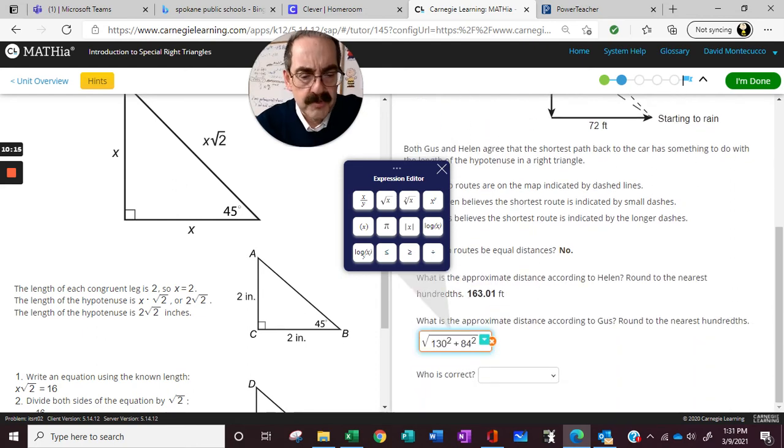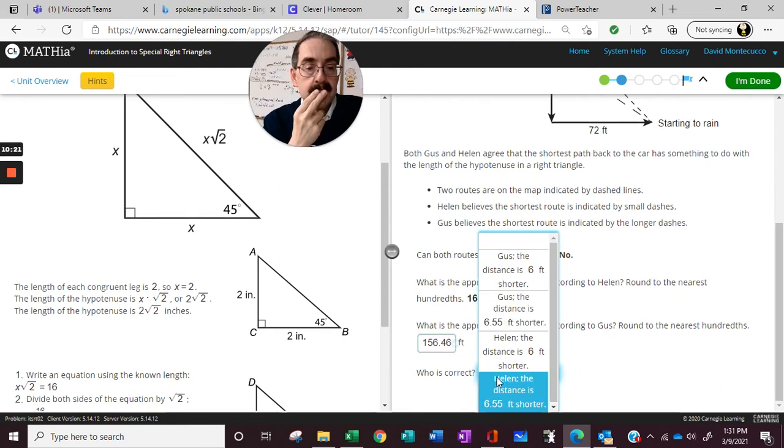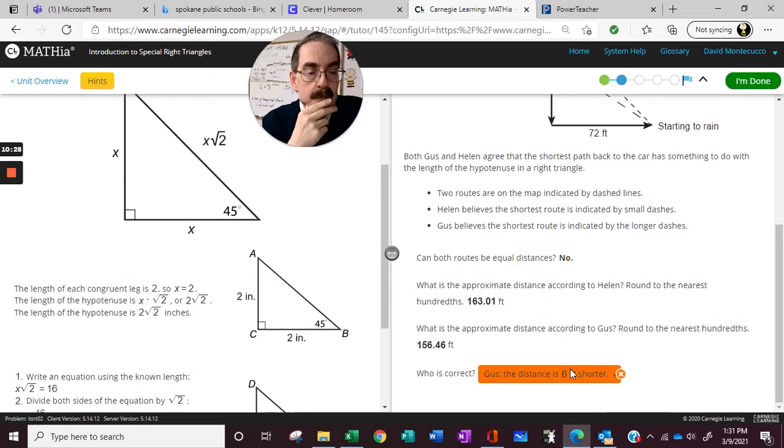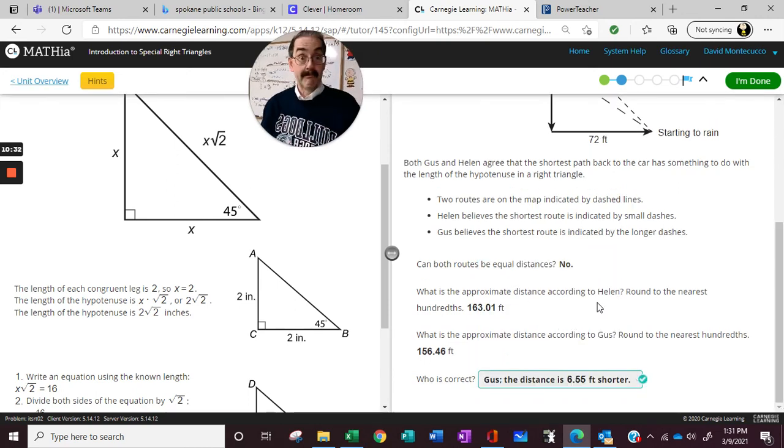Oh, 132 squared. Okay, who is correct? Gus. Gus is shorter by 6. No? Oh, 655. I wasn't very accurate, was I?